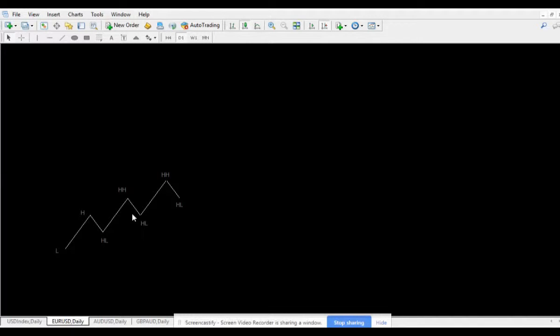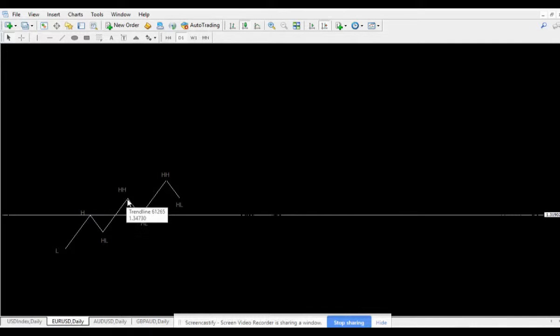So what I mean by that is, if you see this, we have our low, we have our high, a higher low. The reason why this is a higher low is because this low is higher than our previous low. Once our high has been broken, we make a higher high.